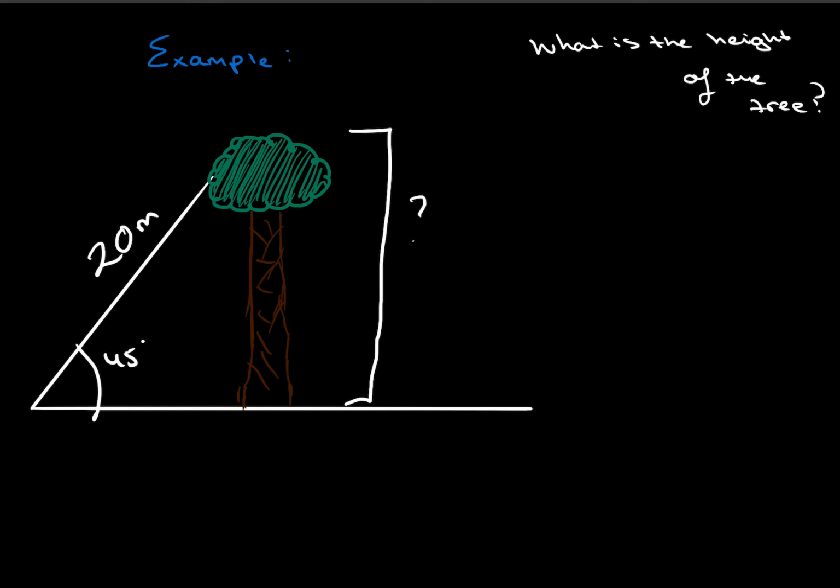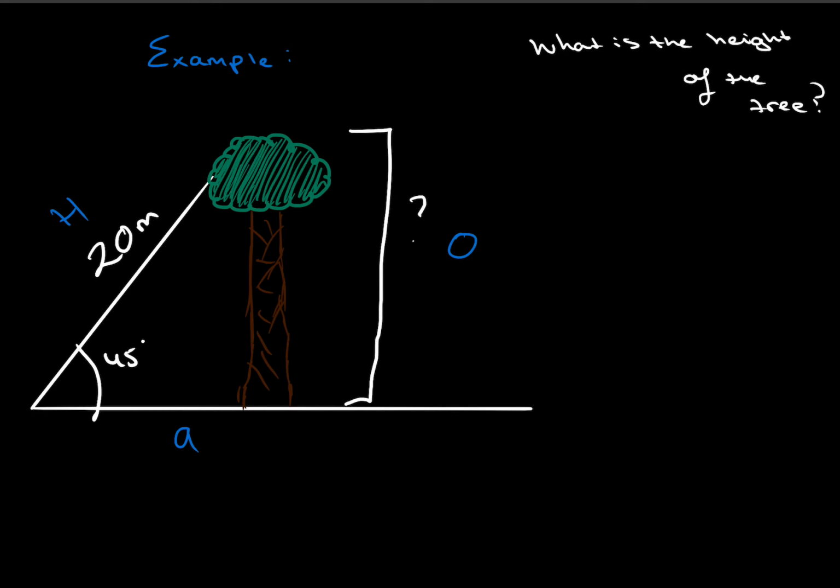Let's label our right triangle first. We've got a right angle here, our hypotenuse there, our adjacent here, and our opposite here. So what we're trying to find is our opposite.